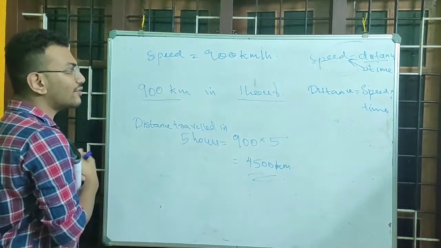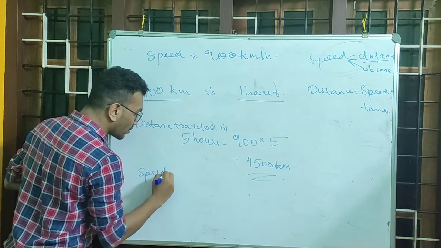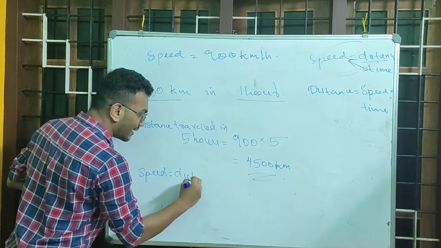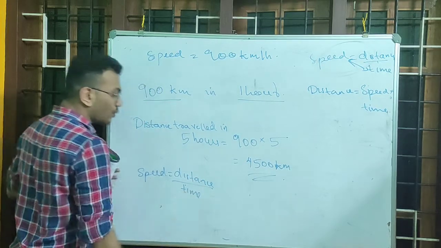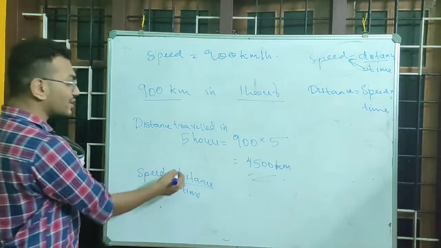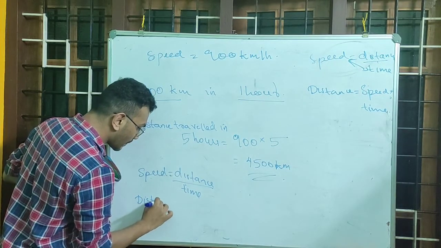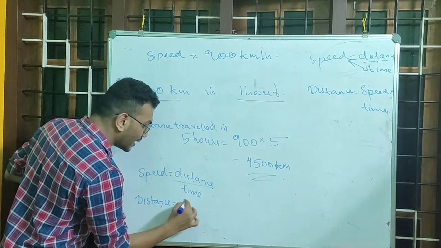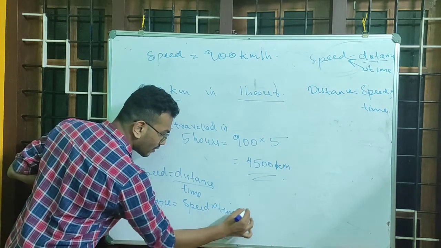If you are using that formula, what is it? Speed is equal to distance by time. What is the distance from this? Distance is equal to speed into time. Right?